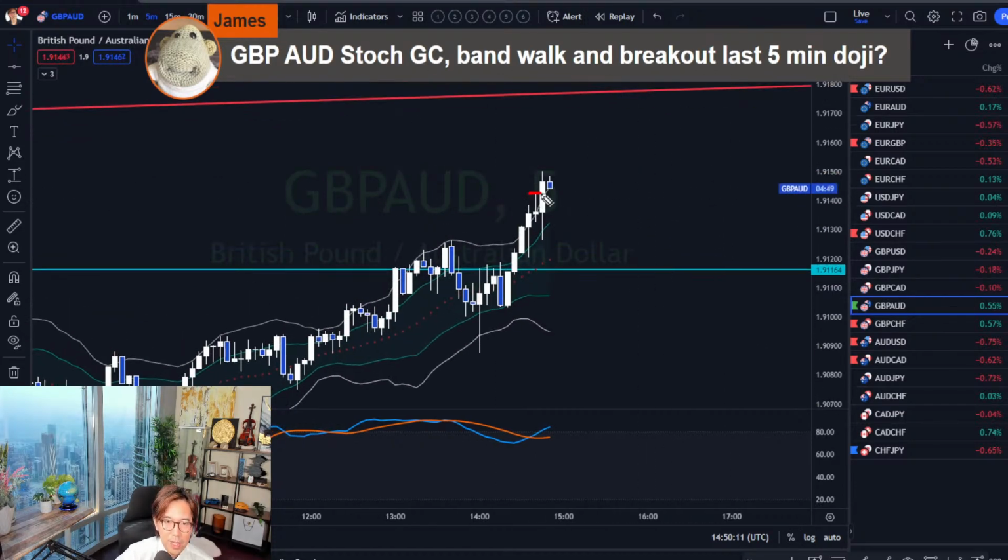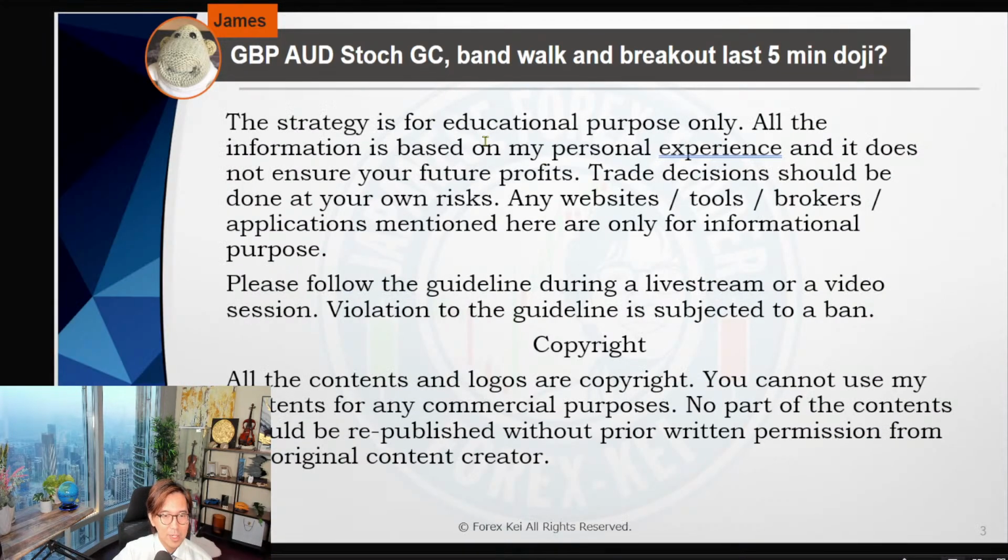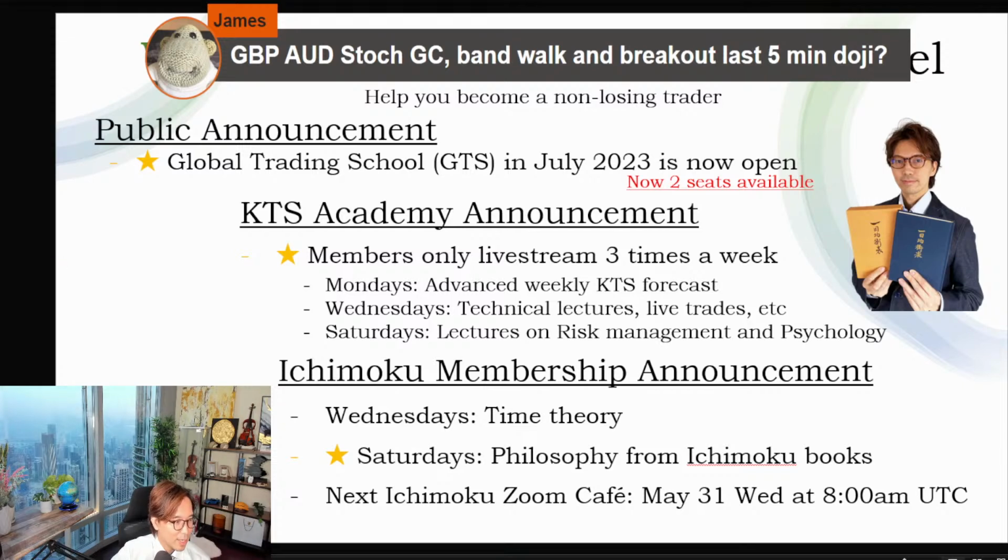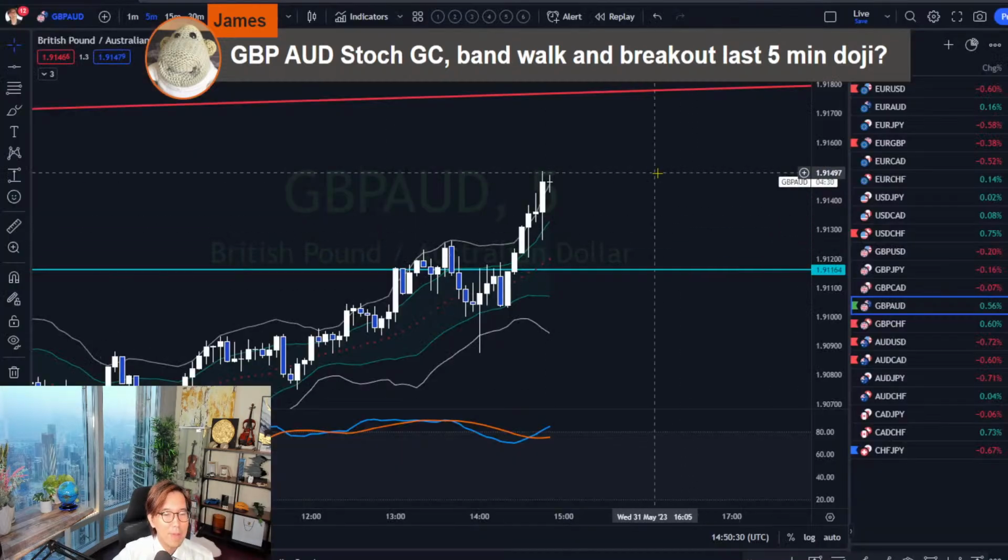Right, there's a doji breakout too. So yeah, this is good chance to buy. Yeah, but when you buy, again, please remember that the risk will be on your own terms. But yeah, now it's good to buy Pound AUD.